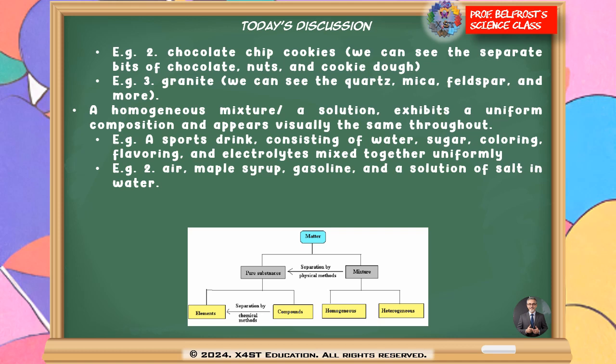Then we have homogeneous mixture, which is called a solution. A solution exhibits a uniform composition and appears visually the same throughout. First example, sport drink. Maybe you like to drink sport drinks. It consists of water, sugar, coloring, flavor, and electrolytes mixed together uniformly.